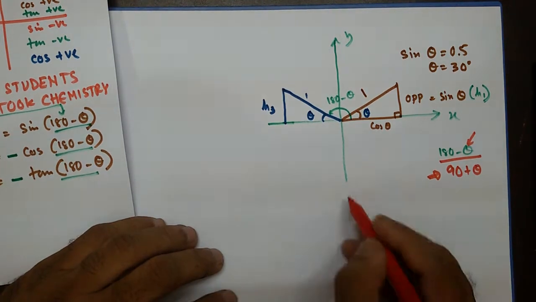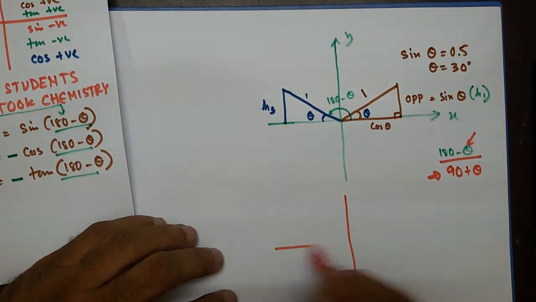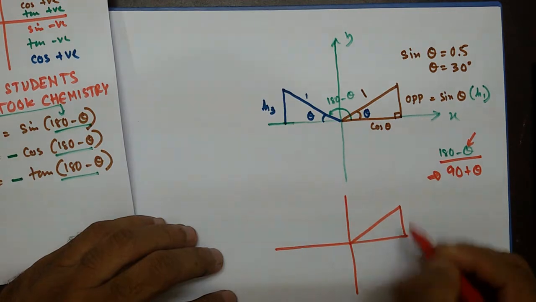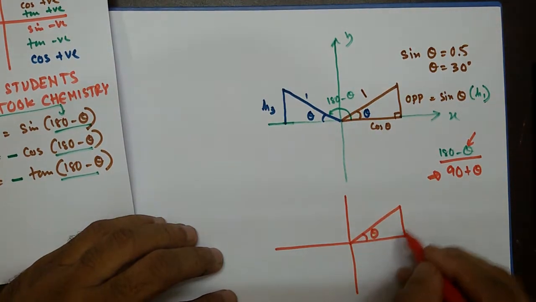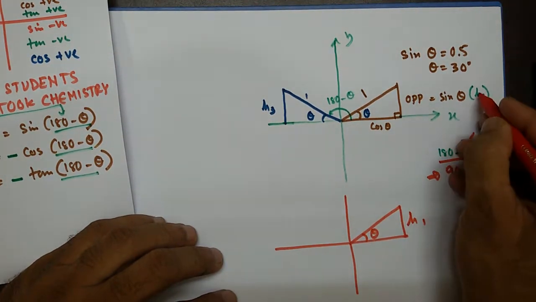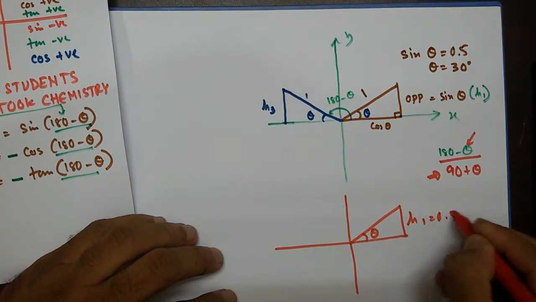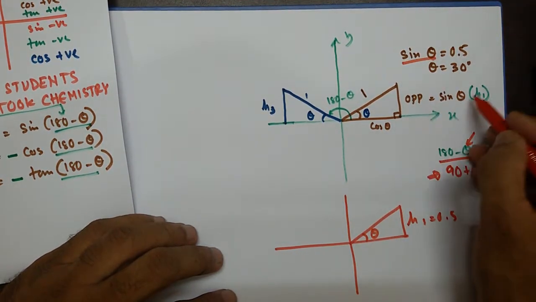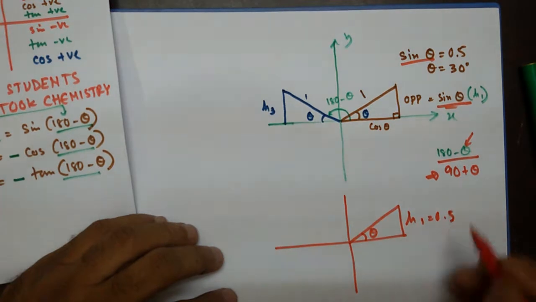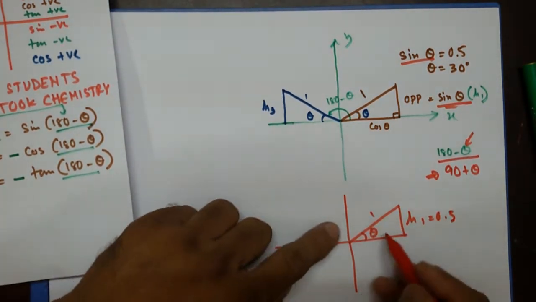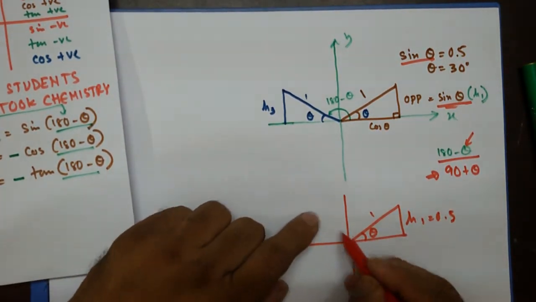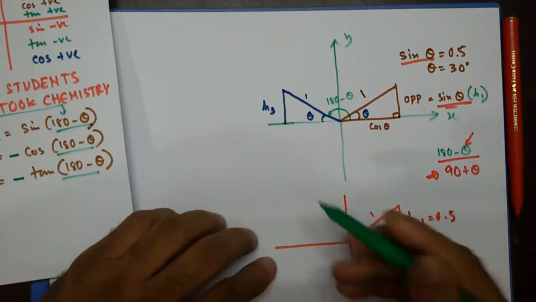Now when we do that, let me draw this one again. So that triangle here has theta, and that's my h1. Sine theta was 0.5, so that's 0.5, and this is 1. Now with 90 plus this, that triangle becomes something like this.